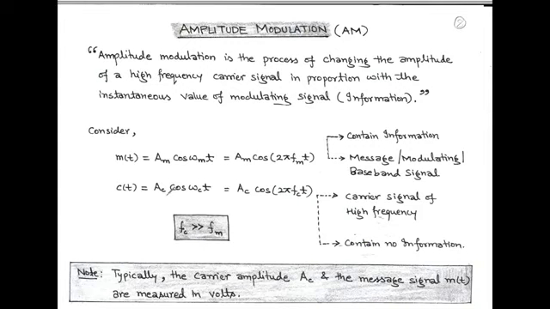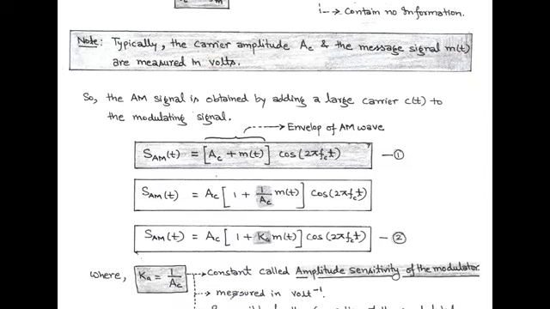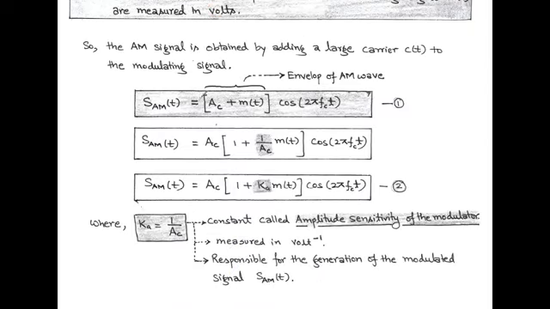So here we note one point: practically, the amplitude of the carrier signal and the message signal are measured in volts. So to get the amplitude modulated wave, the amplitude of the carrier is changed by adding a message signal, and we get a modulated signal, that is a high frequency signal, and this is called the AM signal.